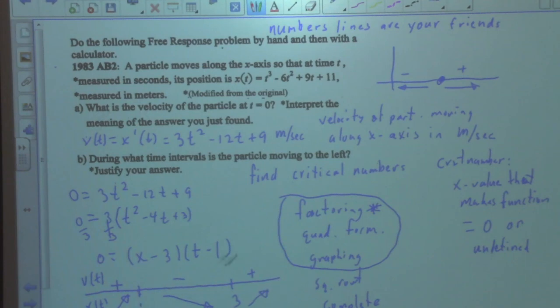Anyway, it says during what time intervals is the particle moving to the left? Well, the particle moves left during which time interval? Between 1 and 3? Yes, Gavin.